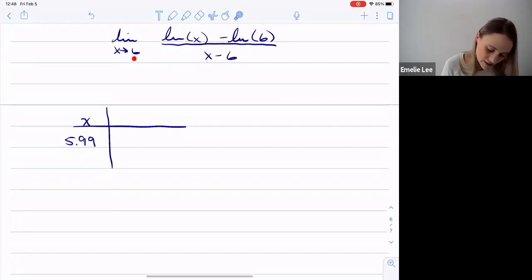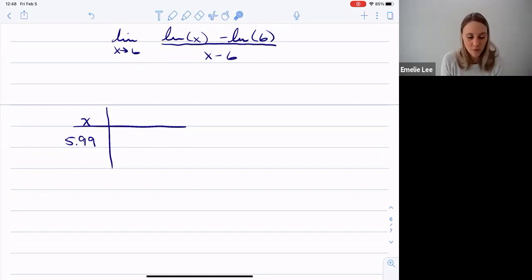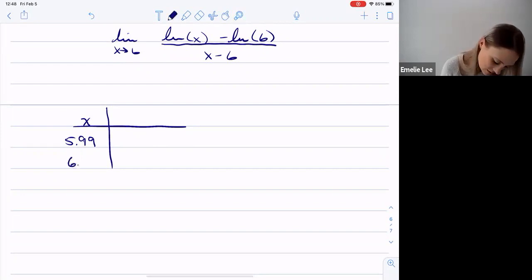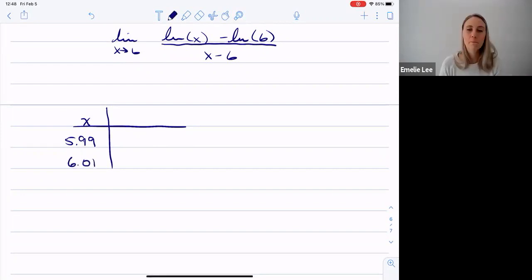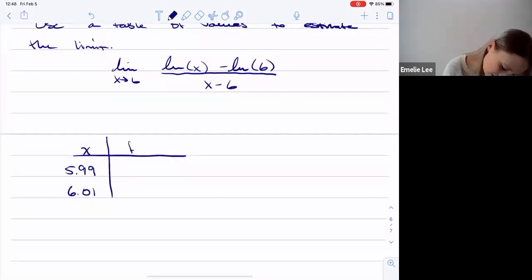Then I'll pick a value to the right of 6, maybe 6.01. You can do lots more values, but it's really time consuming. Here f of x is equal to (ln x minus ln 6) over (x minus 6).